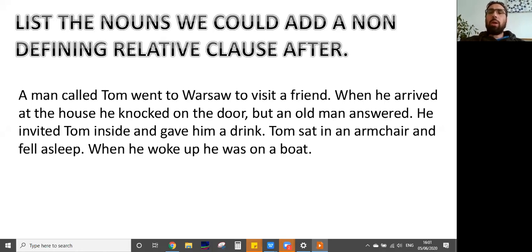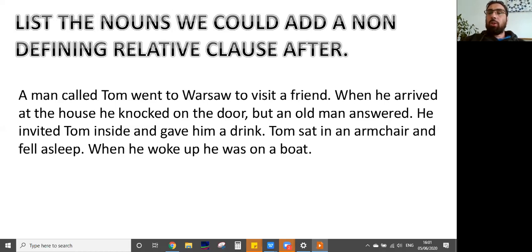And what we want to do is add as much information as we can, using non-defining relative clauses, so extra information, to spice up this story. But before we do that, what we're going to need to know is where can we add non-defining relative clauses?